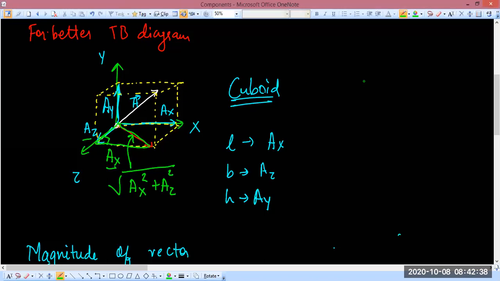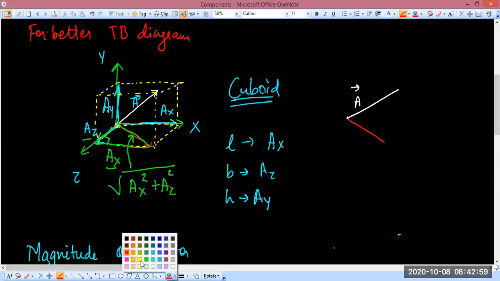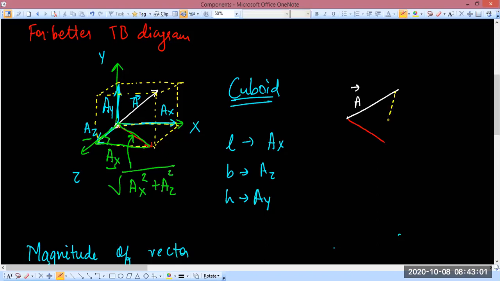Now if you take this triangle, this is in 3D. This white arrow is a vector. Then the red line like this, and then the yellow dotted line. Do you see that this is a right angle triangle in 3D?